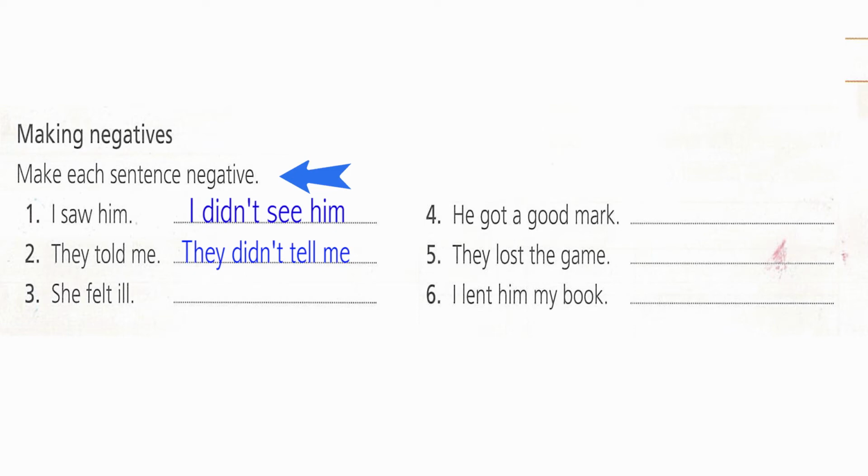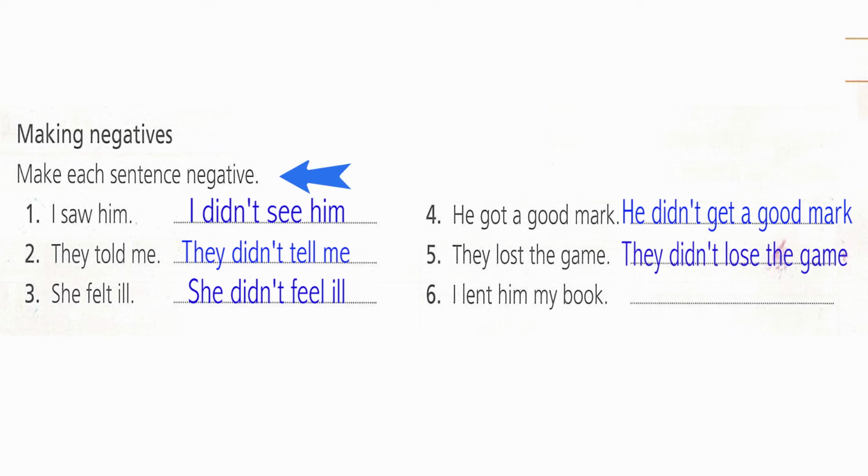She felt ill. She didn't feel ill. He got a good mark. He didn't get a good mark. They lost the game. They didn't lose the game. I lent him my book. I didn't lend him my book.